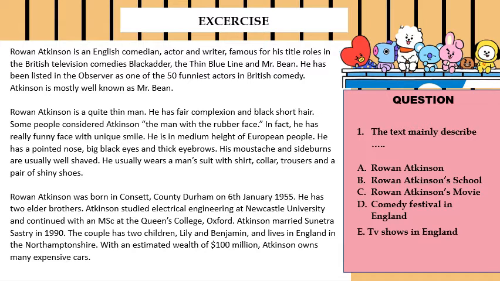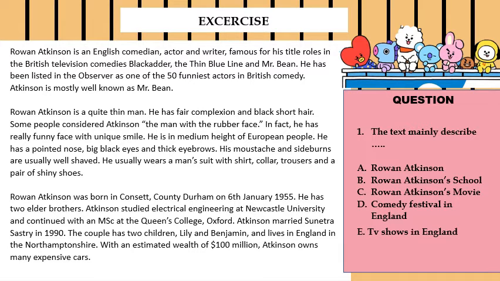He is of medium height for European people. He has a pointed nose, big black eyes, and thick eyebrows. His mustache and sideburns are usually well shaved. He usually wears a men's suit with shirt, collar, trousers, and a pair of shiny shoes. Rowan Atkinson was born in Consett, County Durham on 6 January 1955.